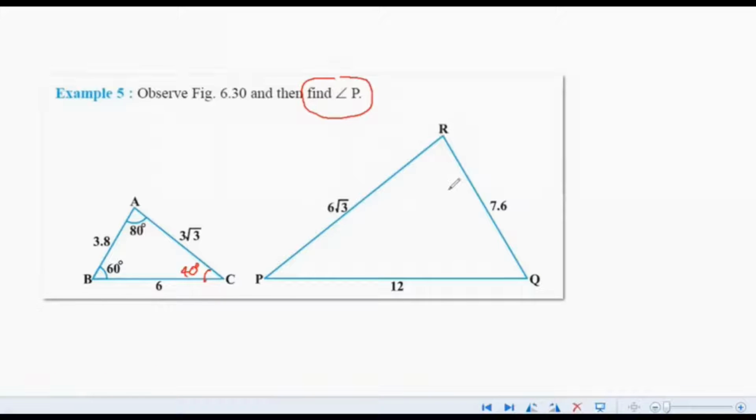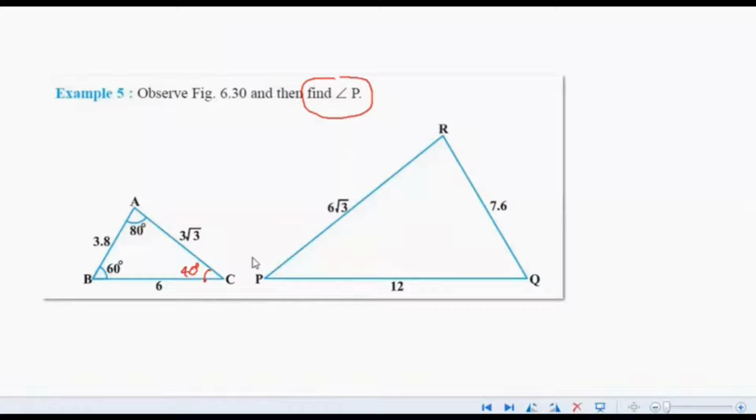And the third one, there are no angles given in the second triangle. So here the sides are given, so the second criterion, that is sides are in the same ratio. I think we can find the ratio here, and if they are the same, we can apply the similarity idea to answer this question.